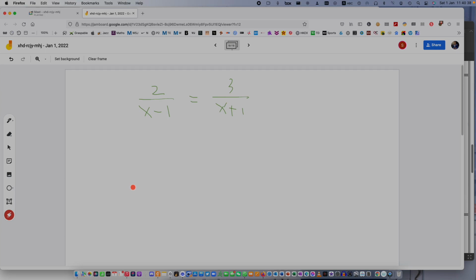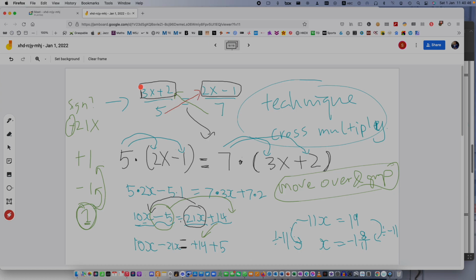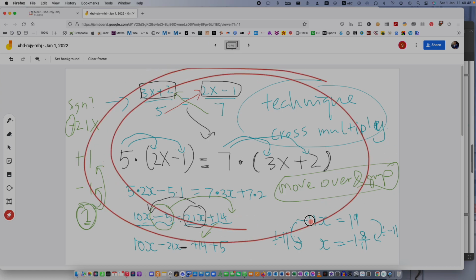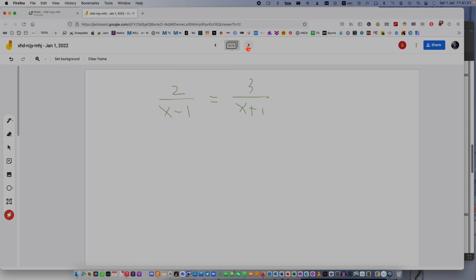Cross multiplication. Correct. Show me the step. No more, no less. At the start, I'm expecting this much from you. When you are very familiar with this technique, then only I allow you to skip steps. Okay, at the start, go.